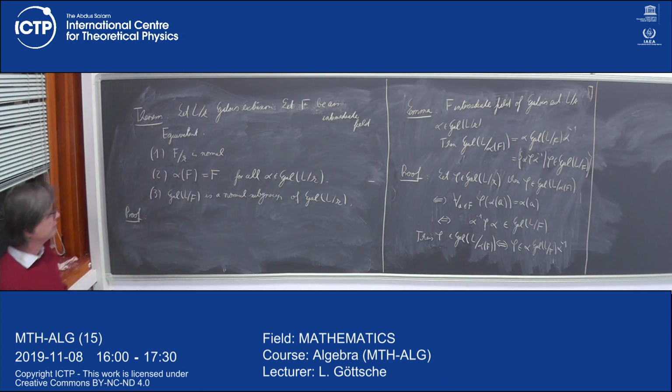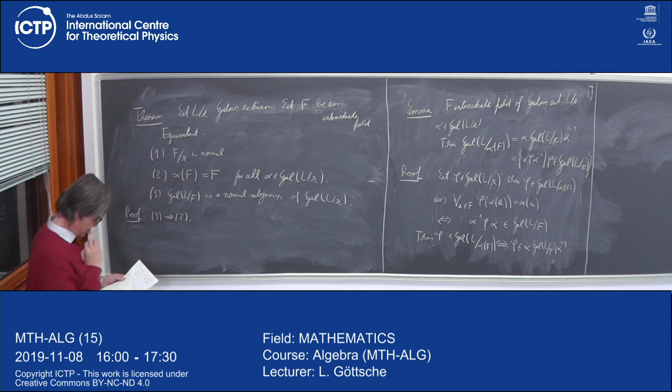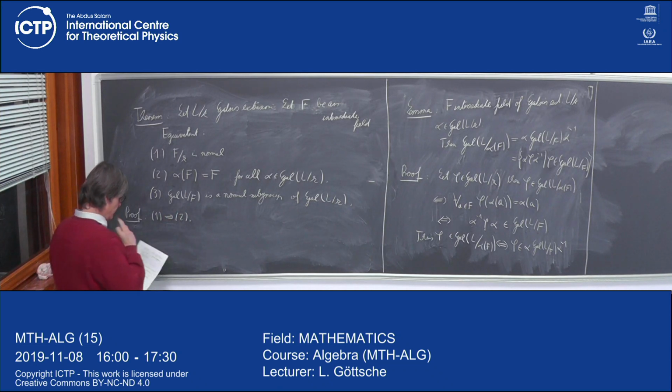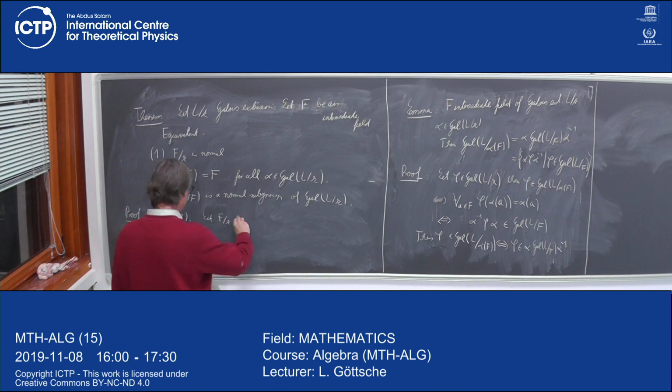Okay. So we have to show that all these three things are equivalent. So let's start going from 1 to 2. So we assume that F over K is normal.